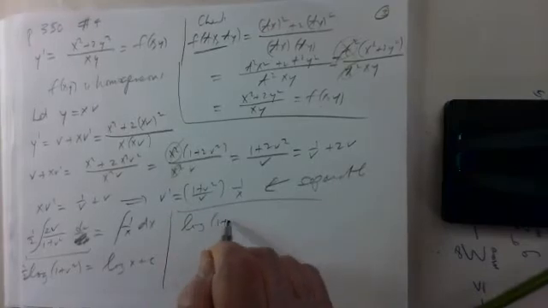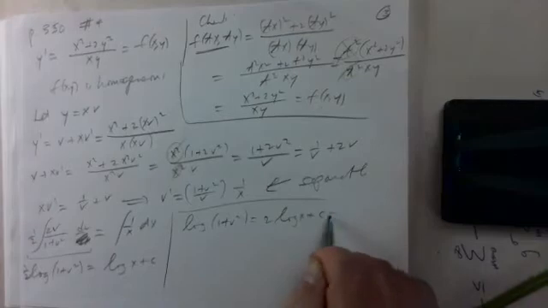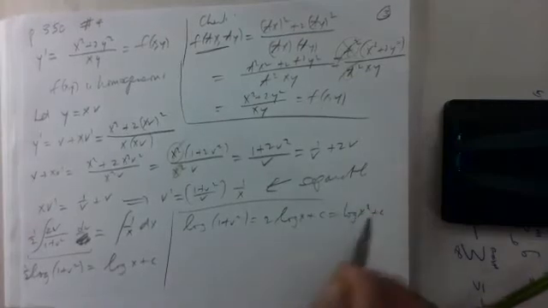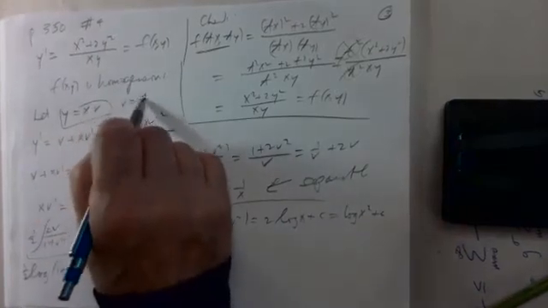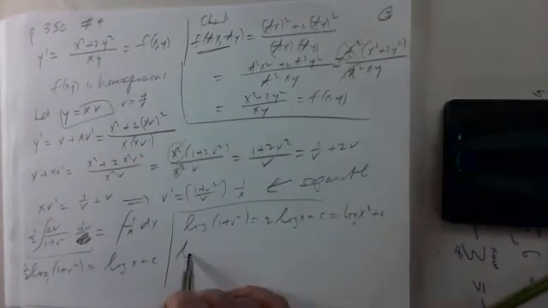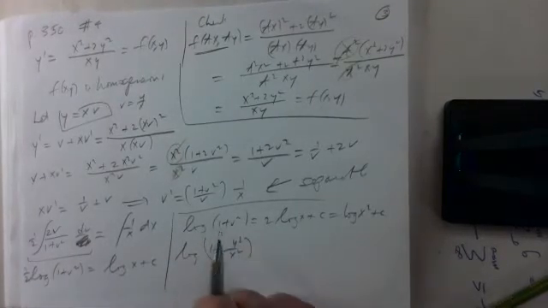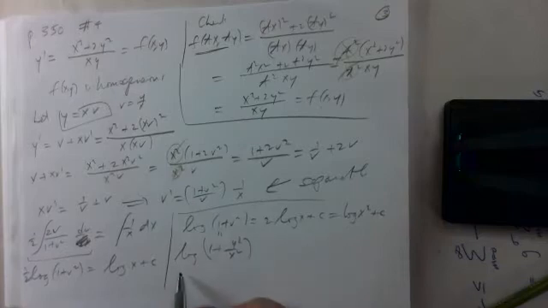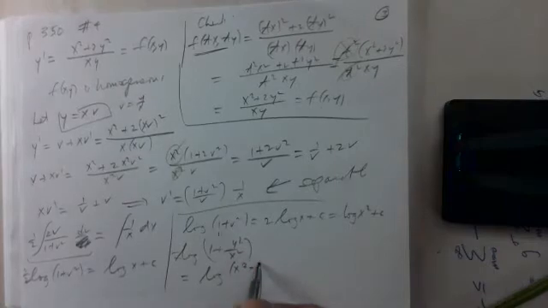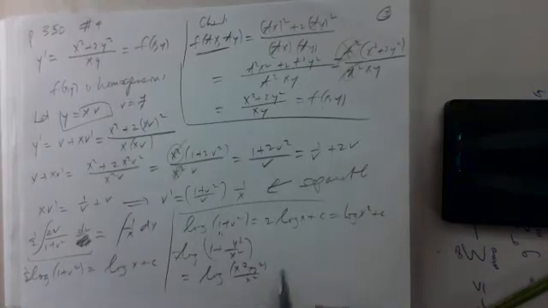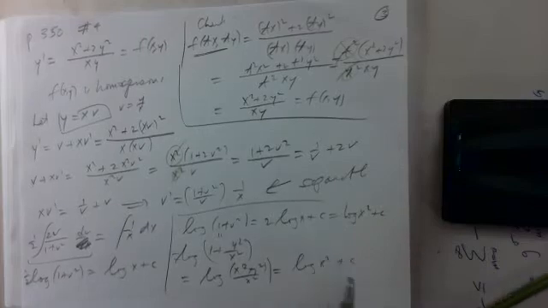The log of 1 plus v squared is 2 log x plus c, which is log of x squared plus c. v is y over x. So this is the log of 1 plus y squared over x squared, which is the same as the log of x squared plus y squared over x squared. This equals the log of x squared plus c.